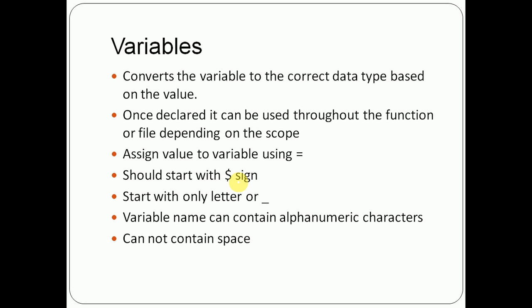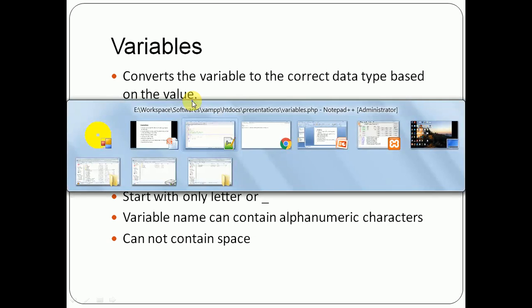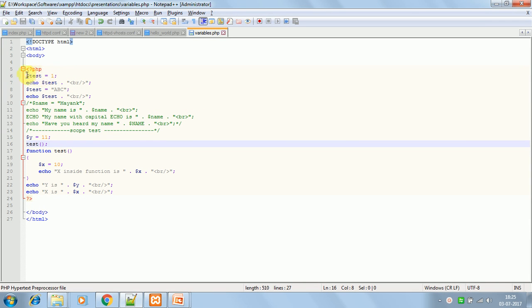Moving ahead, let's talk about variables a bit more. PHP converts the variable to the correct data type based on the value assigned to it. Let's see that in the example. Here I have assigned value 1 to the $test variable, which is an integer, and here I have assigned the string ABC to the same $test variable and echoed it over here.